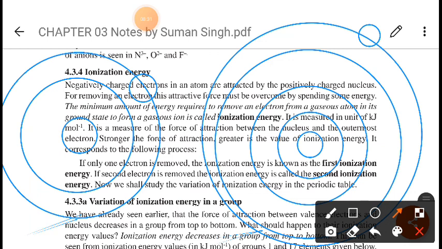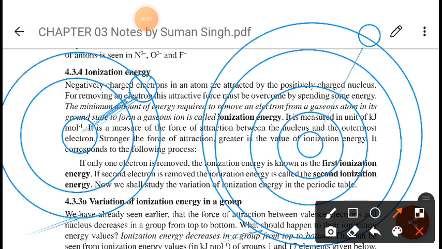So in the large atom, the valence electron is far away from the nucleus, and it will experience a lesser force of attraction as compared to the smaller atom, in which the valence electron is very near to the nucleus and will experience a greater force of attraction.